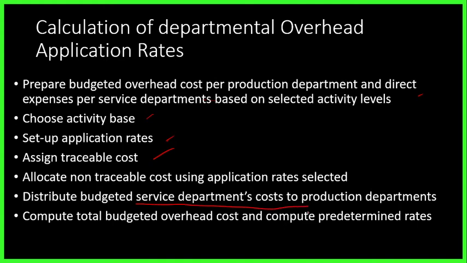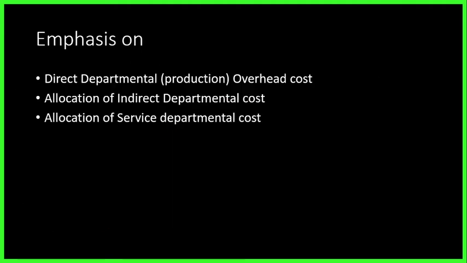Ito medyo madugo, mamaya I'm going to discuss this. And then you compute for the total budgeted overhead cost and compute your predetermined overhead rates. Now with emphasis on the following. What do you do with direct departmental cost?